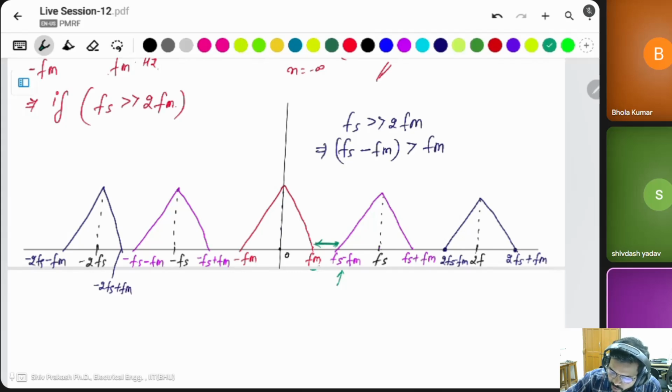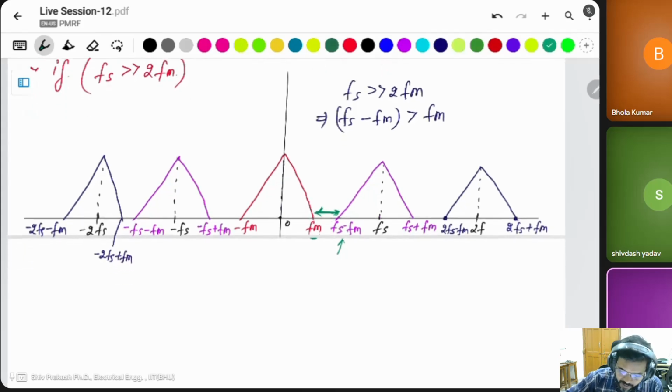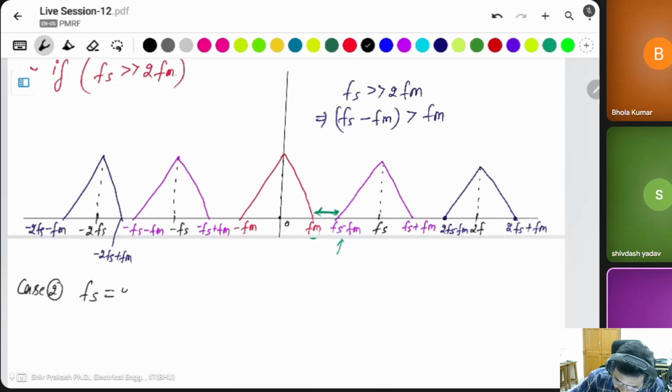What happens if there is no gap? Case two. It means Fs is equal to 2Fm, or you can write Fs minus Fm is equal to Fm. It means both are the same.